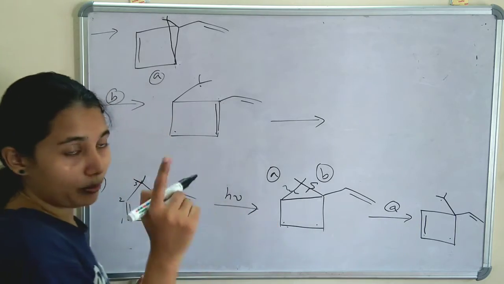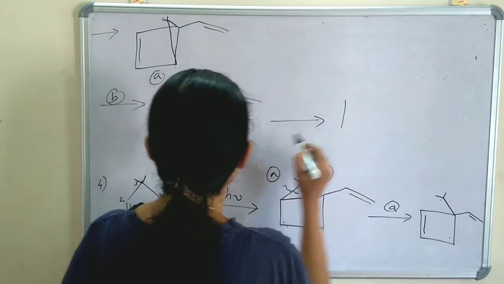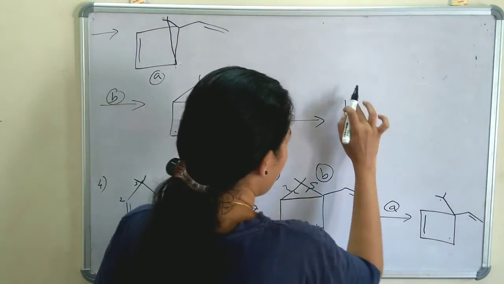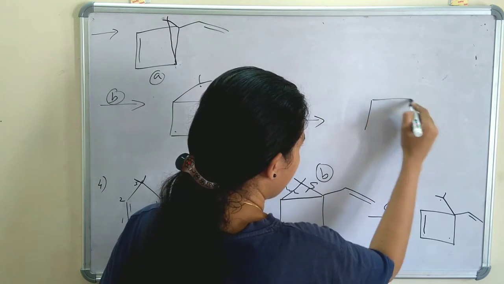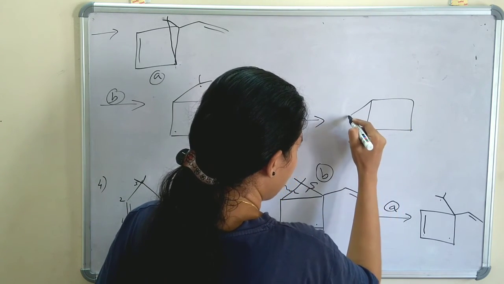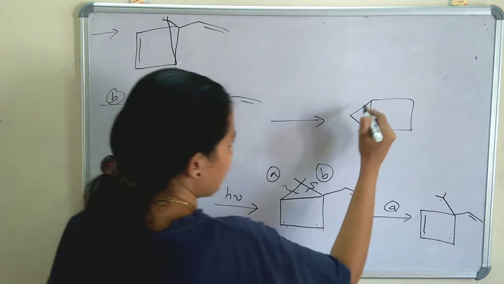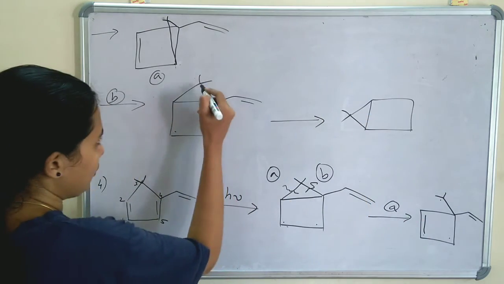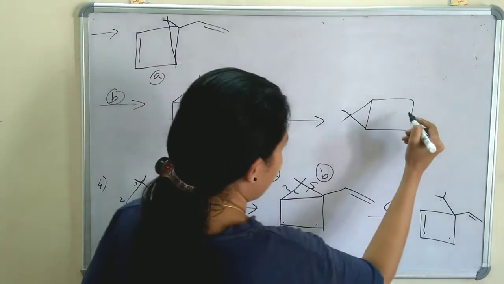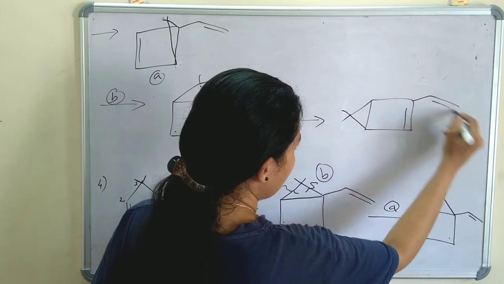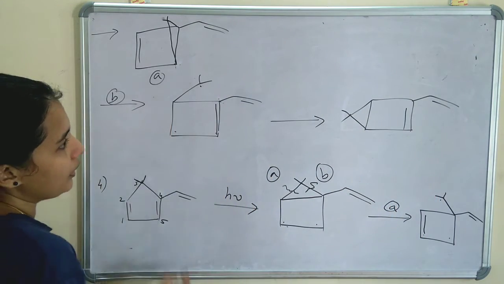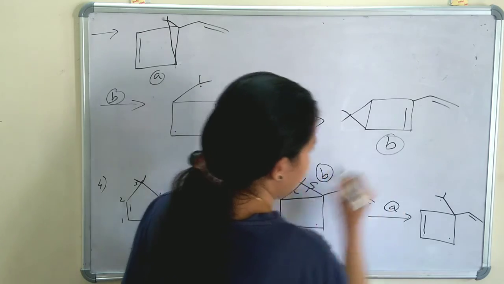Now again we have to make a cyclopropane ring by combining these. So I will write like this. We will make a cyclopropane ring and two methyl groups, 1, 2, 3. And then here a double bond, here a double bond. Now this is the product B.